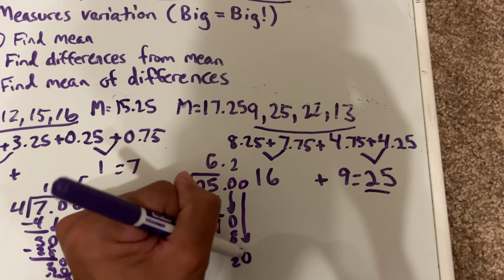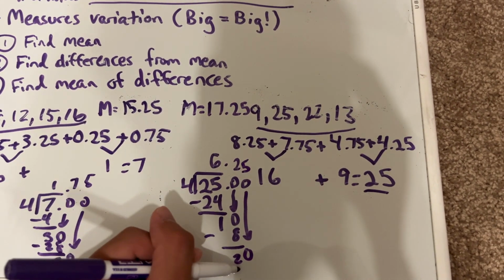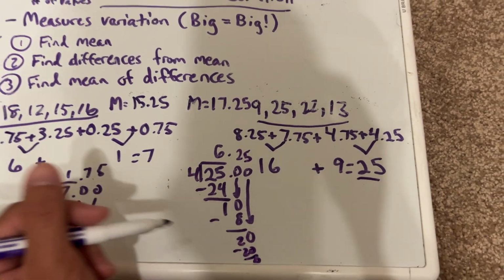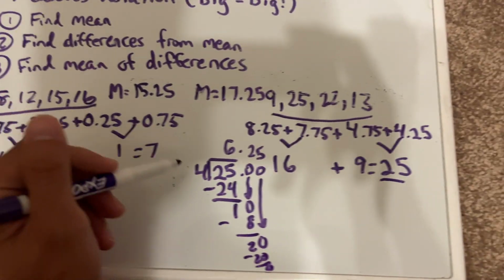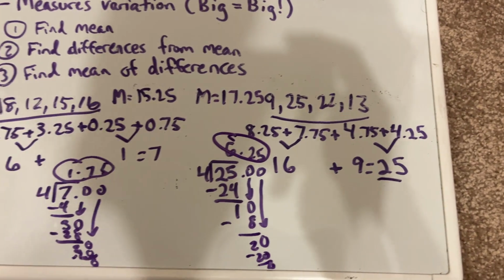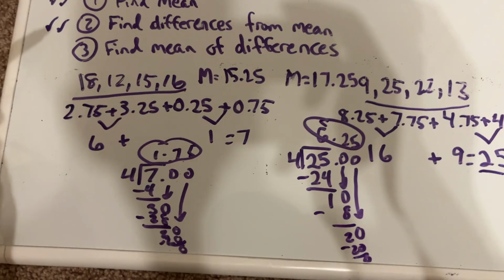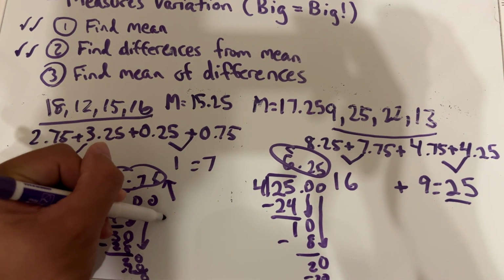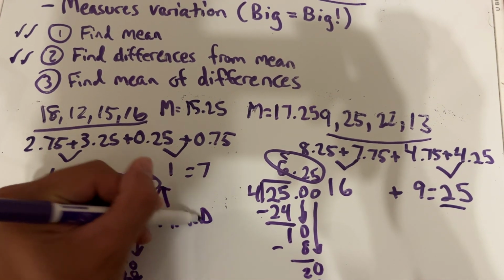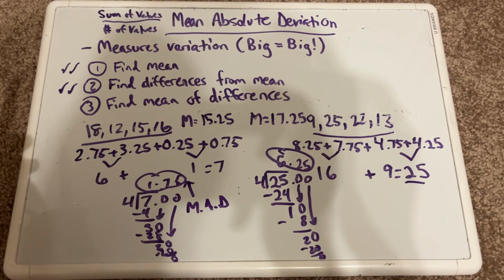Bring down another 0. 4 goes into 20 5 times. Minus 20 is 0. Okay, now we just reestablish the decimal point. Now I have two values. This is my mean absolute deviation. This is also my mean absolute deviation.